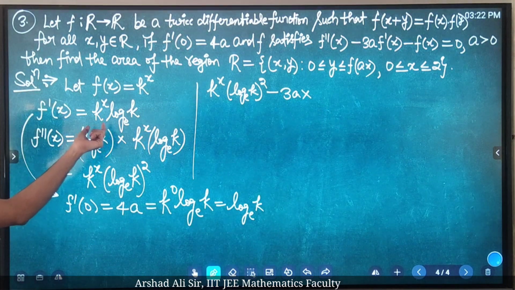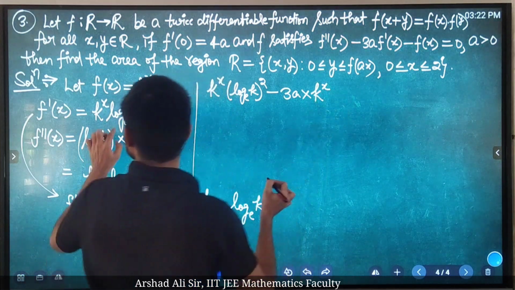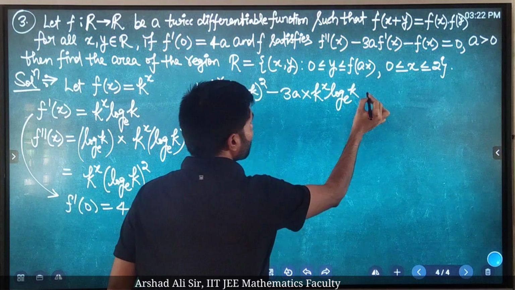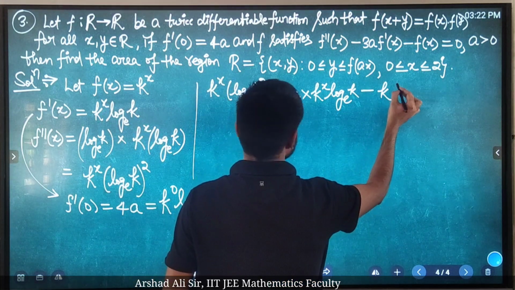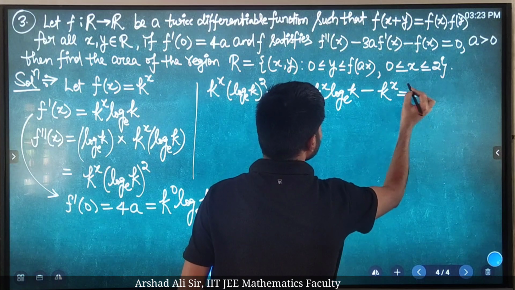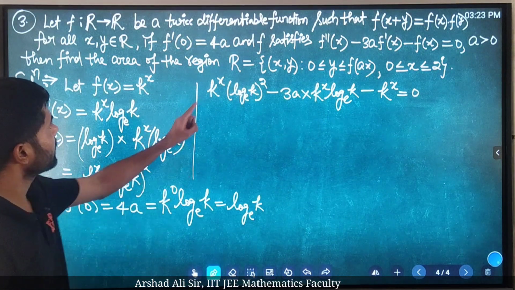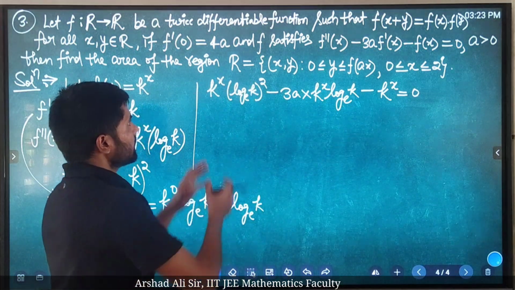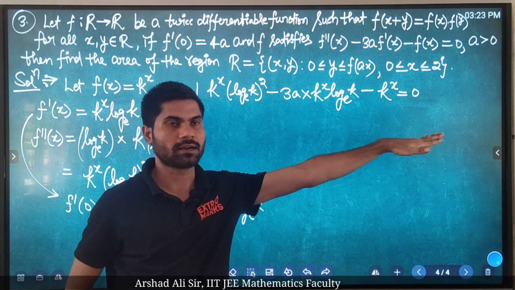What is the value of f dash x? k to the power x into logarithm e base k, minus f of x. f of x we have considered here as k to the power x, and it is equal to 0. Okay student, now think about one thing. Here k to the power x is common. Okay, take k to the power x common and here 0 divided by k to the power x we can write.